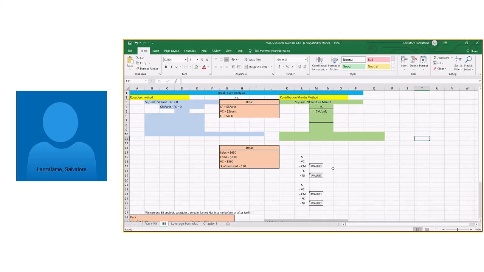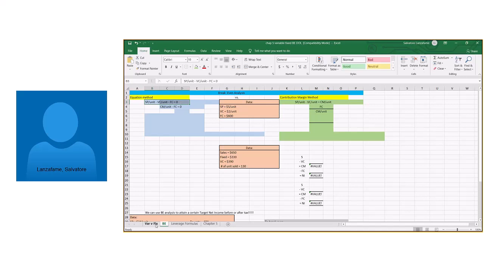And when it's time to do break-even analysis, I know of two styles. I don't know if other styles exist, but these are the two that I know about. One is the equation method. And if you look very carefully at this equation method, it kind of looks like that internal income statement I was just showing you, just on its side, kind of.